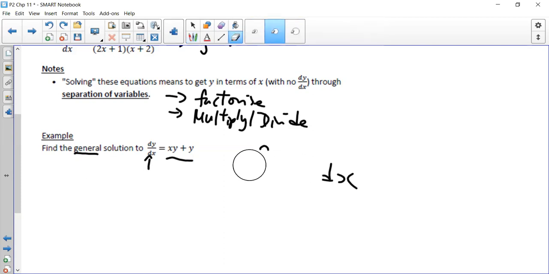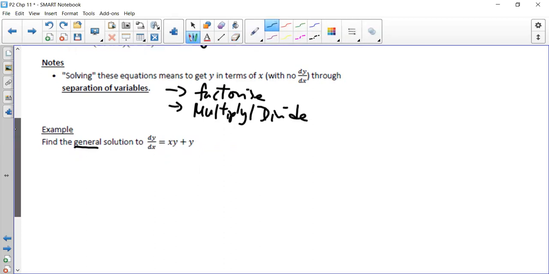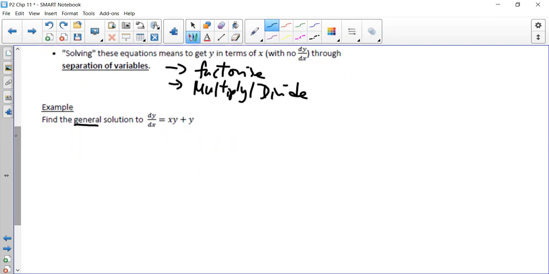So what do we do? We need to separate x and y, okay, one on each side. So now I'm going to show you some wrong working out that you might be considering, and I'll show you the correct working out and why it works. Now, what won't work is, for example, okay, I want to separate x and y. That means I would put y on one side and x on the other side. So let's say we go on the wrong one.